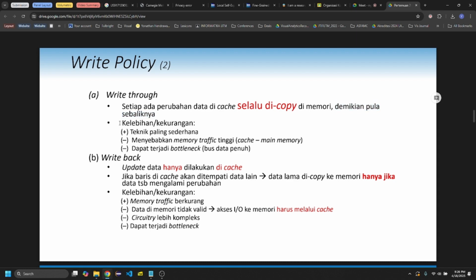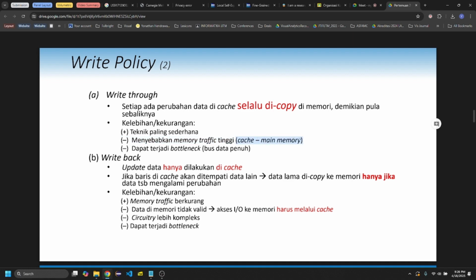Here are the pros and the cons. The advantage is that this is the simplest technique. However, the downside is that it may cause high memory traffic between the cache and main memory.